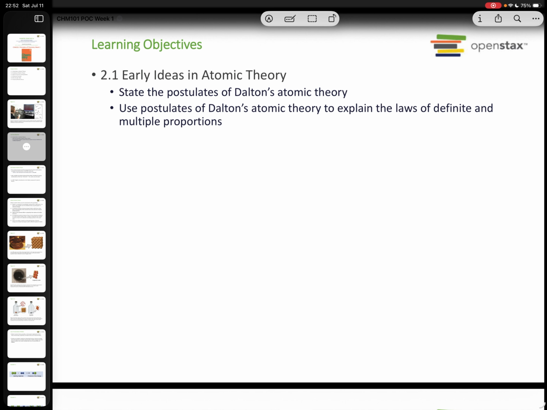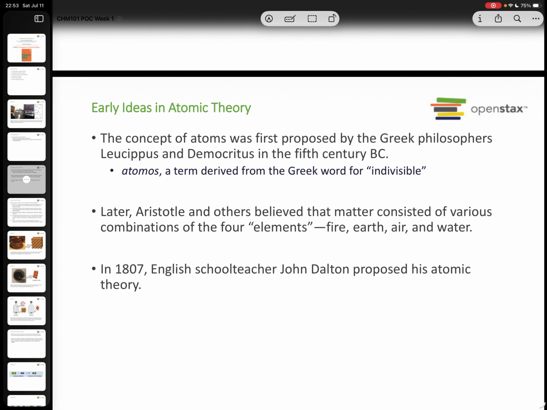Sa gitna, okay. So the idea of atoms is very old, no? In the 5th century BC, the Greek philosophers Leucippus and Democritus proposed that matter was made of tiny particles. They used the word atomos, meaning indivisible. Later, Aristotle and other scientists proposed a different view, saying that matter was made from combinations of 4 elements: earth, air, fire, and water.